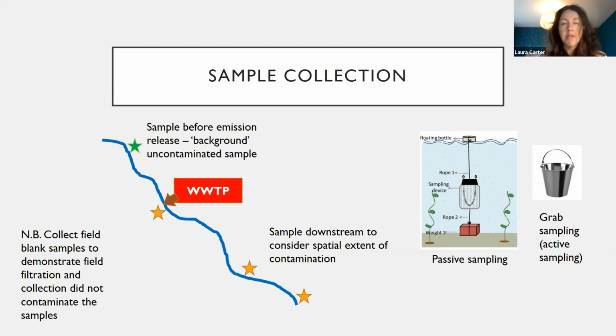But I guess ultimately what you're looking for is to collect samples with sufficient spatial resolution that you can build these concentration profiles and increase your probability of detecting these transient and tricky pharmaceuticals. And I think when you're devising your sampling campaign, this is important to do, but obviously you are then met with the logistical challenges of where you're actually sampling.